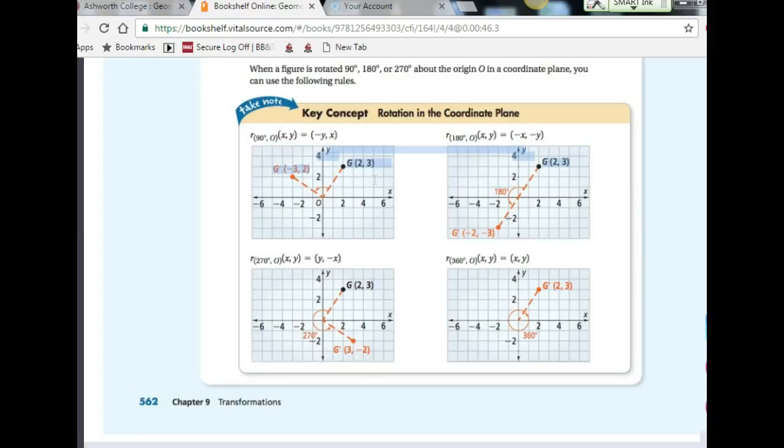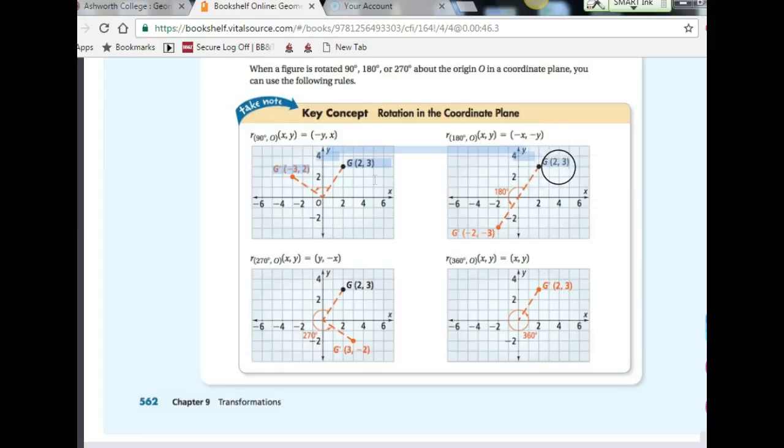That always happens when you're doing a 90-degree rotation. The x and the y value will switch, and then you make that y value opposite of what it was. When something's 180 degrees, notice that the original xy stays xy, but both of them become negative.